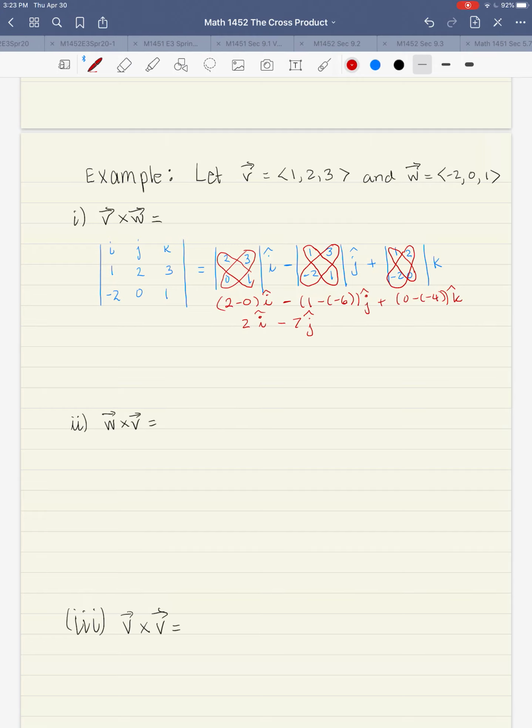So altogether we have 2i minus 7j plus 4k. Now remember we said that this vector is orthogonal to both v and w.